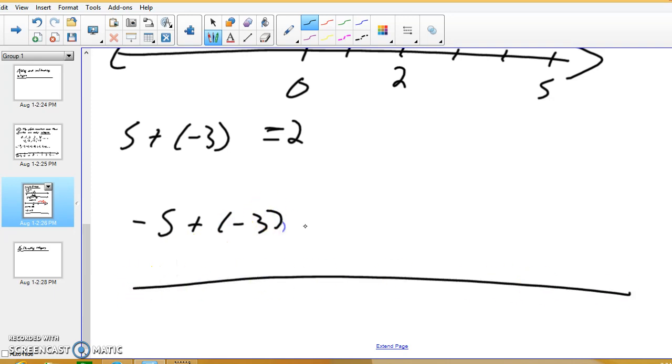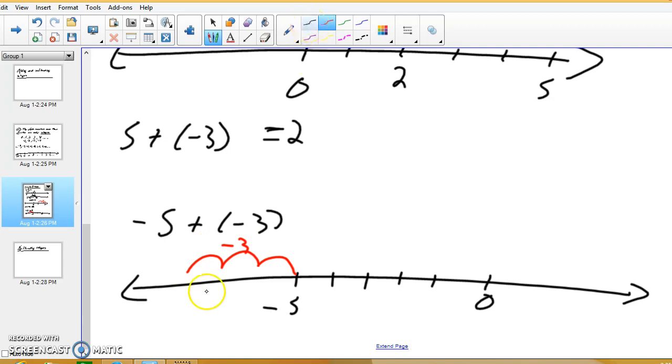Well, let's draw it out on the number line again. Say we have 0, 1, 2, 3, 4, and 5. So we have negative 5 over here. Now, say we're adding a negative 3. Again, because it's addition, we would think we would move to the right. But since we're adding a negative number, we're actually going to move to the left 1, 2, 3 spots.